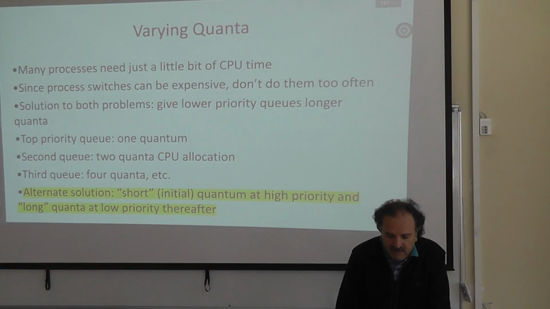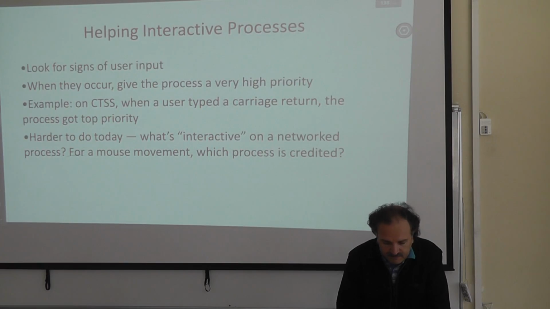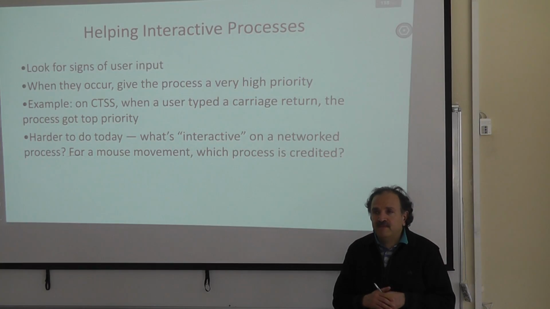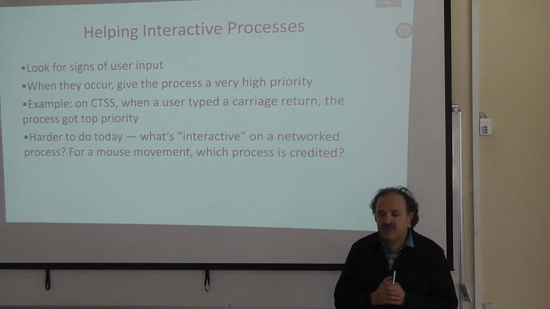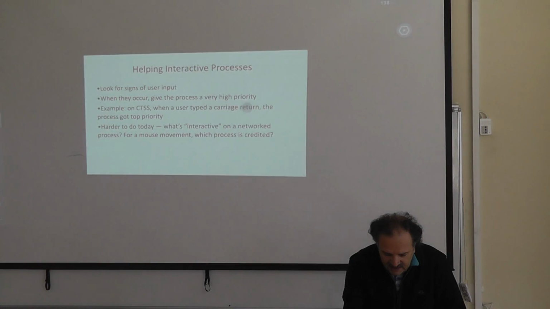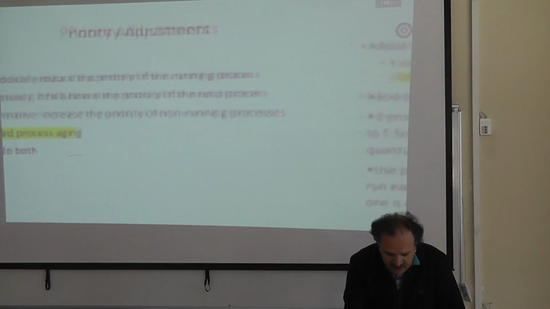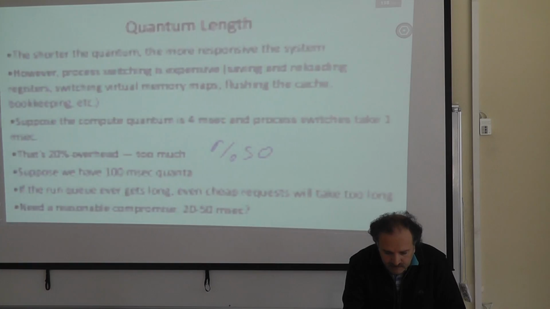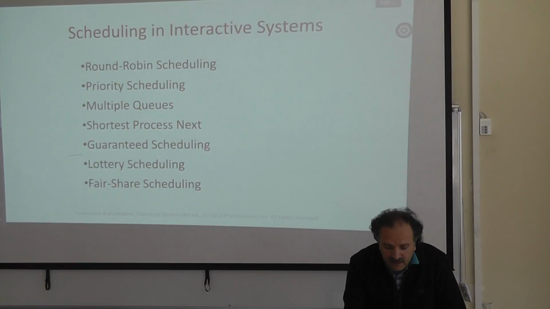So this is the varying quantum. These all have to do with adjusting the priorities of the tasks and adjusting their quantum times. We said that interaction is important. Let's remember what we are doing: we are going over scheduling for interactive systems.